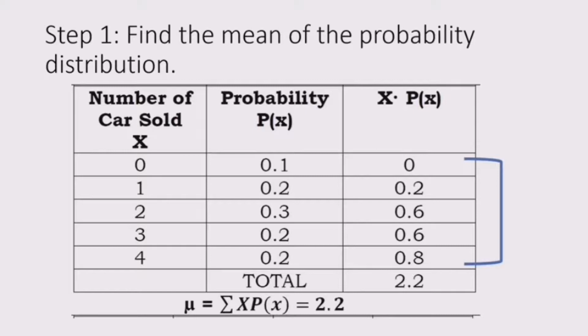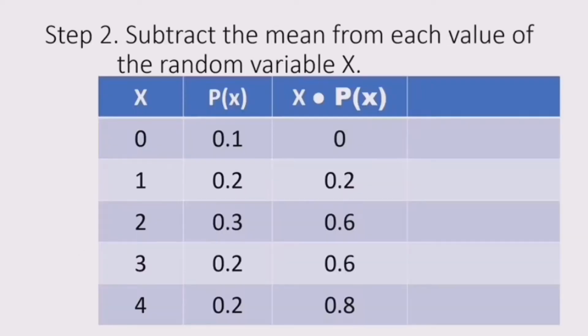Step 2, subtract the mean from each value of the random variable X. So mauni karon ang atong table na nadugang nga fourth column. Now unsa may ibutang diha sa fourth column? So ang diha X minus the mean. So recall that our mean is 2.2.